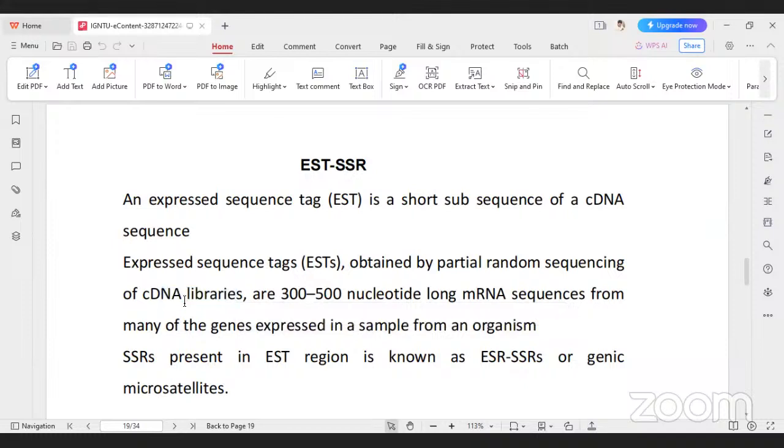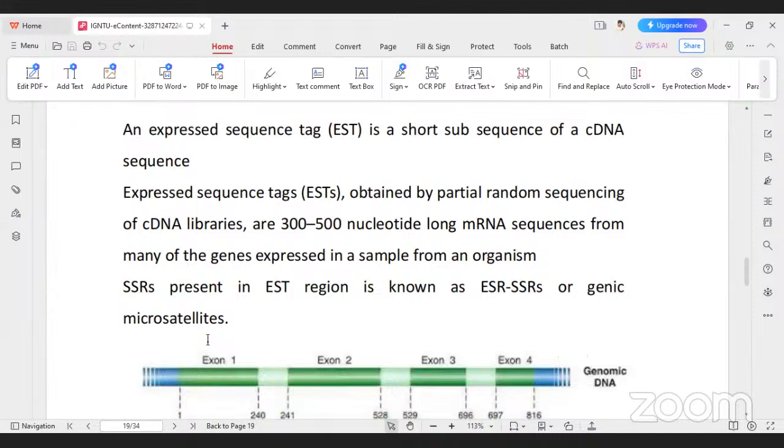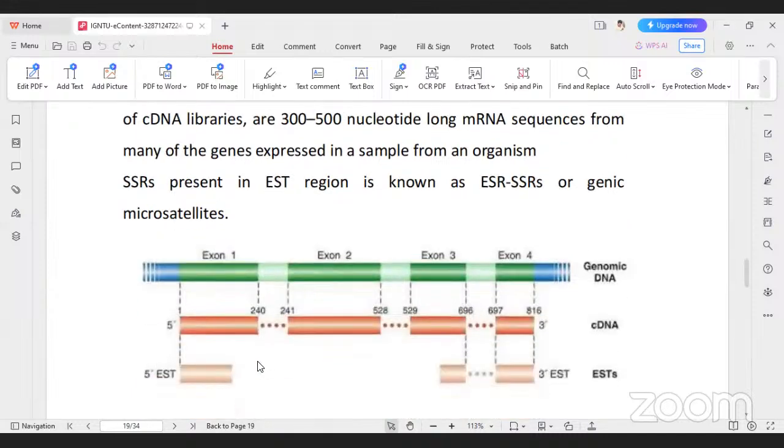The cDNA, complementary DNA, is formed by reverse transcriptase. That means first DNA to RNA, again RNA to DNA, that is the cDNA molecule. It is made up of 300 to 500 nucleotide long mRNA sequences from many genes expressed in the sample organism. SSRs present in the EST region are known as EST-SSRs or genetic microsatellites.